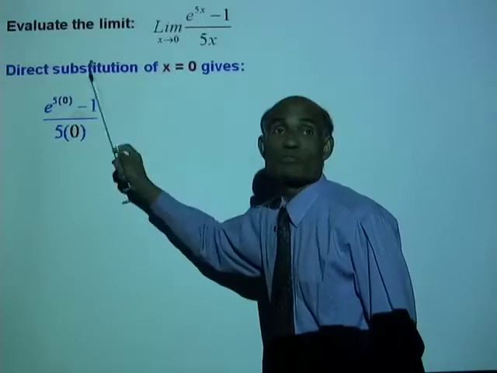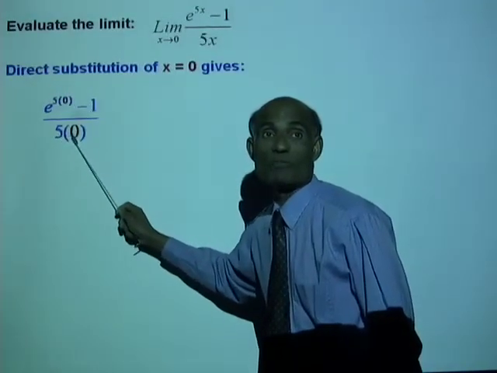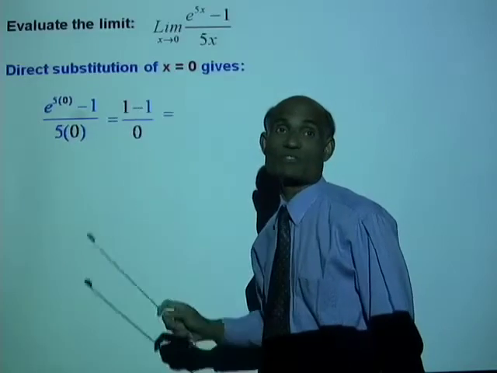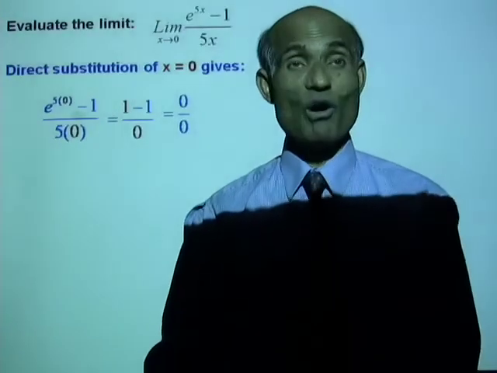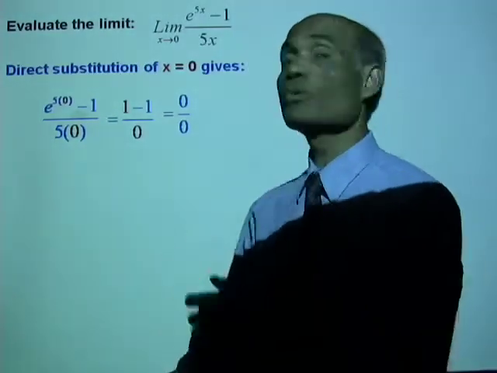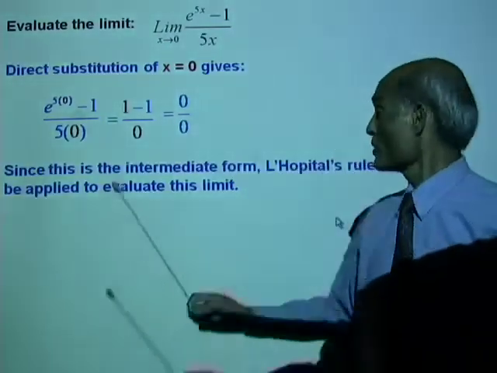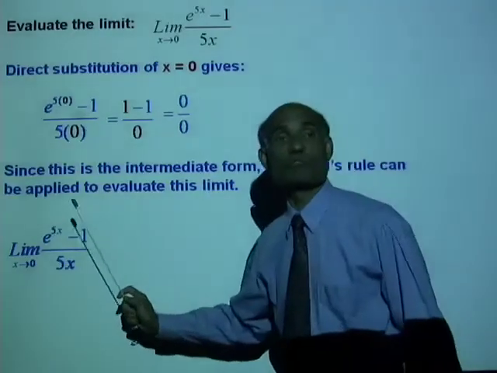When x equals 0, we have e to the power of 5x minus 1 over 5x. That is 0 over 0. This is the indeterminate form, which means we can apply L'Hopital's rule. What's the rule?